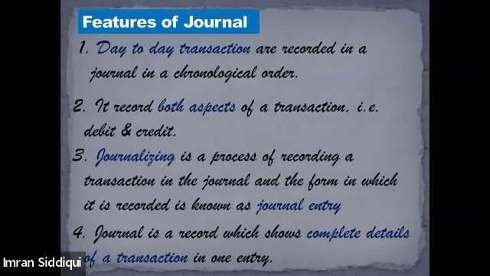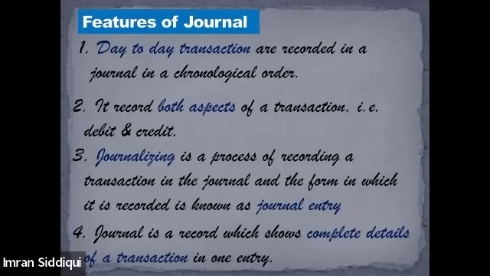If we talk about the features of the journal, these are a few features. The transactions recorded in the journal are day-to-day transactions. All the day-to-day transactions are recorded in the journal in chronological order, and it records both aspects of a transaction.